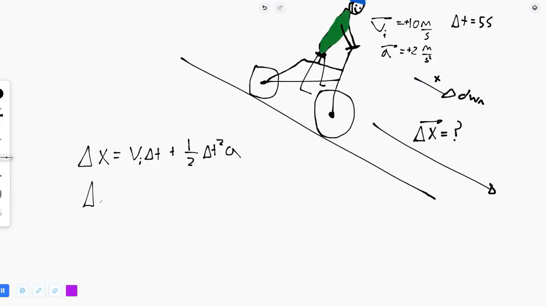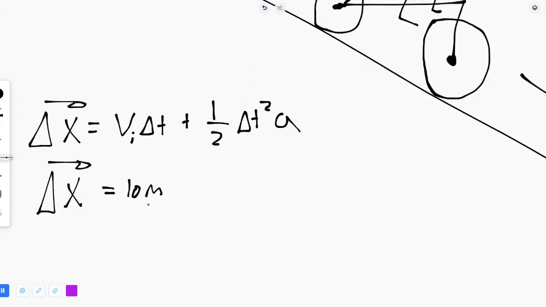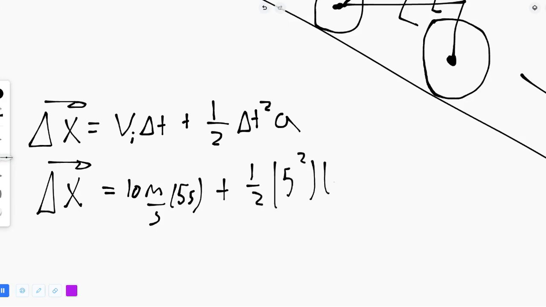So delta x, I'll draw the arrow at the top there, is going to equal 10 meters a second times 5 seconds plus 1/2 5 squared, and then of course times 2.